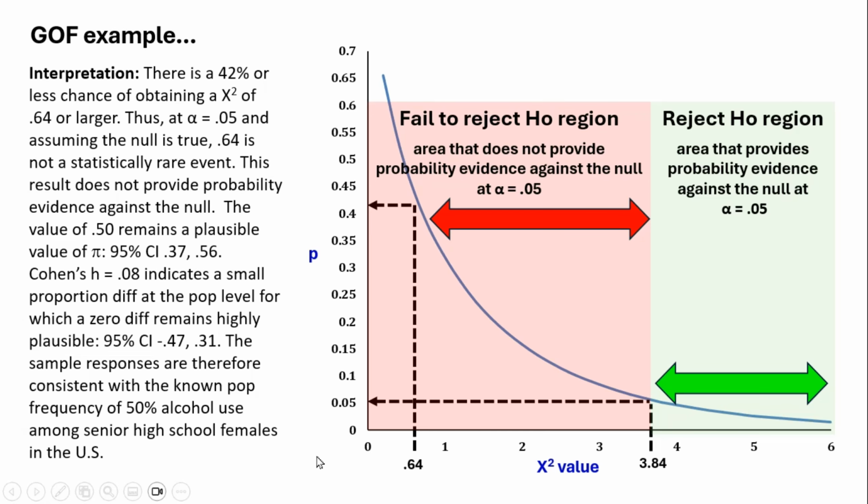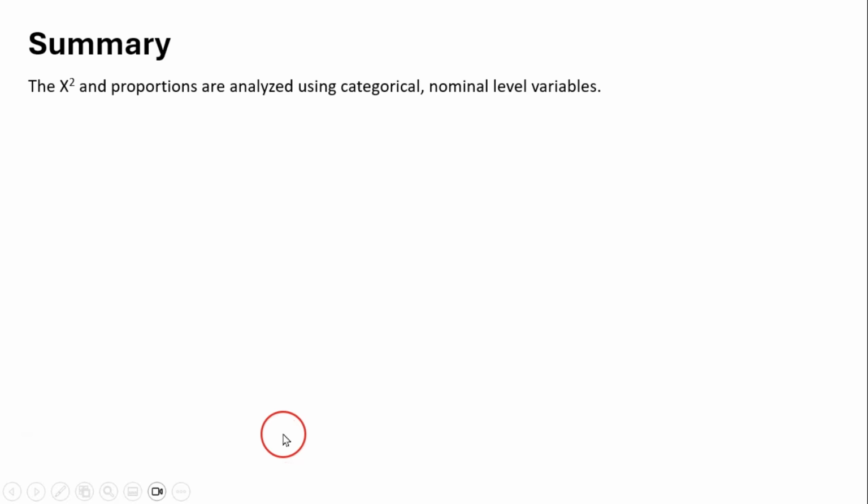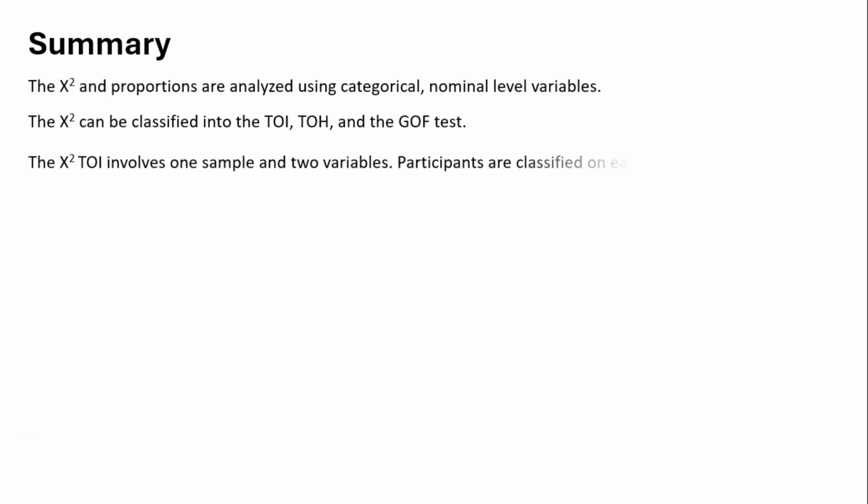The chi-square and proportions are analyzed using categorical nominal level variables. The chi-square can be classified into the test of independence, test of homogeneity, and the goodness of fit test. The chi-square test of independence involves 1 sample and 2 variables.